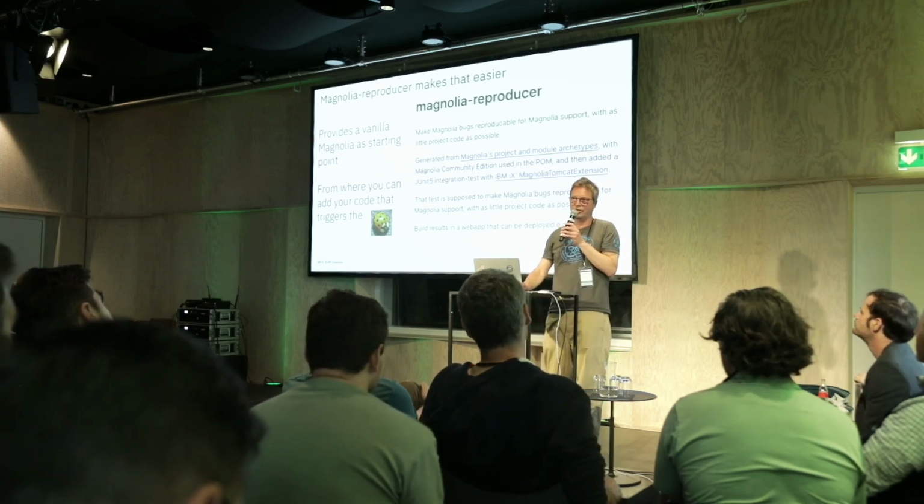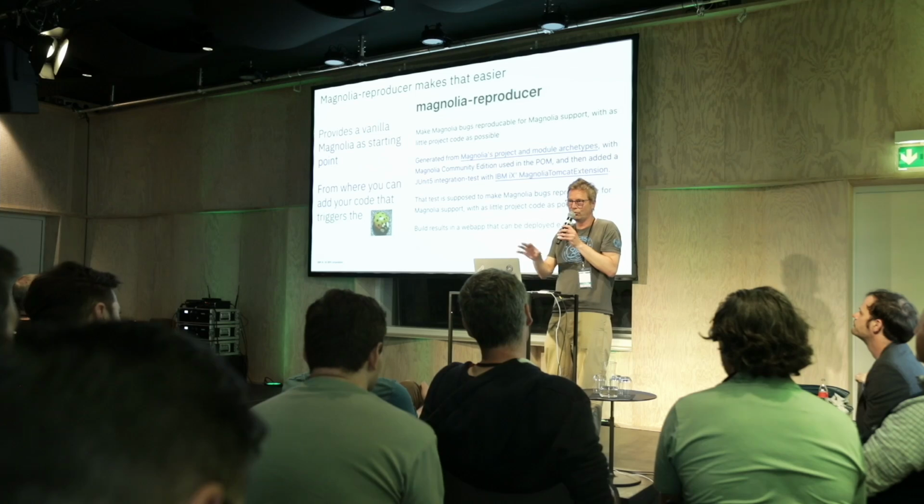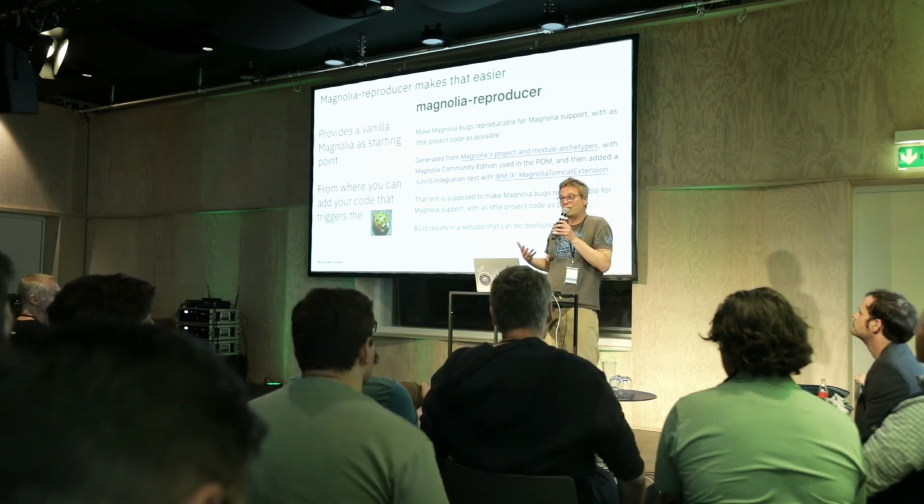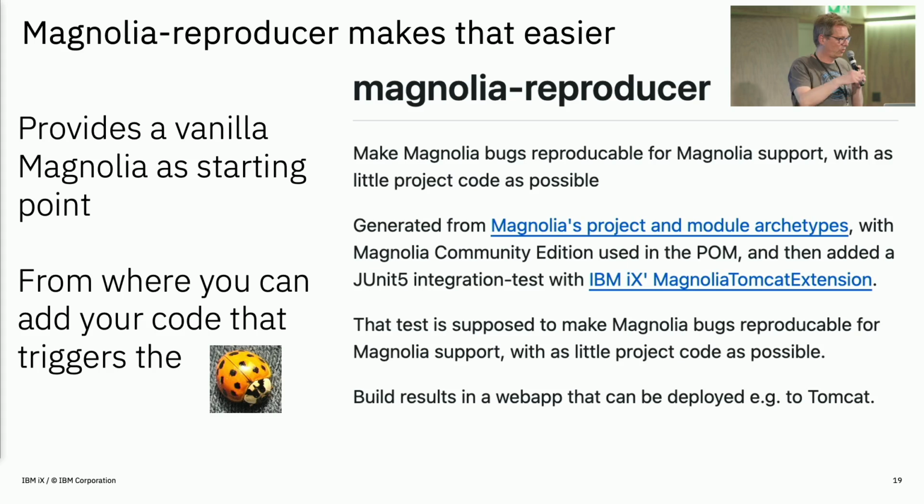And of course, you've got to take the time to add your code to the vanilla Magnolia to make it reproducible. But that may be more worthwhile than playing ping pong the whole day in the issue.